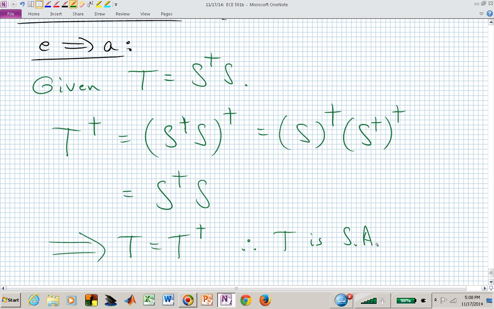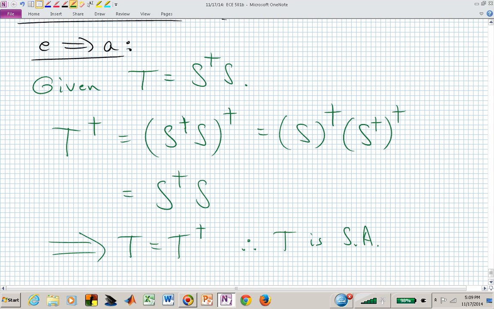What am I supposed to be showing? Statement A. Statement A from statement E. Statement E said that we had a factored form of T, which was S dagger S. Statement A was T is positive. So now, T being positive, we've already shown half of it, haven't we?